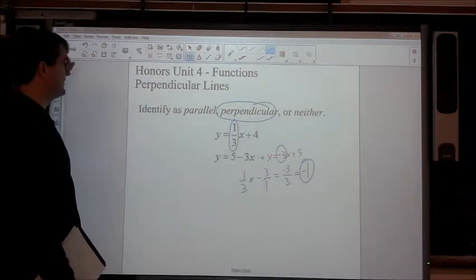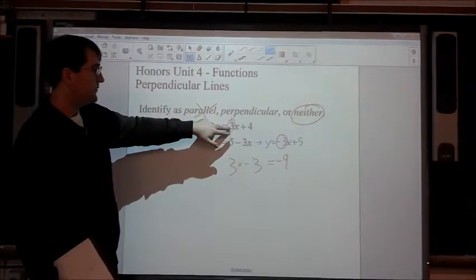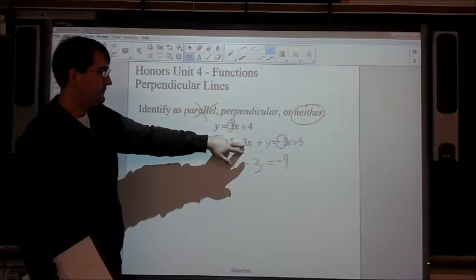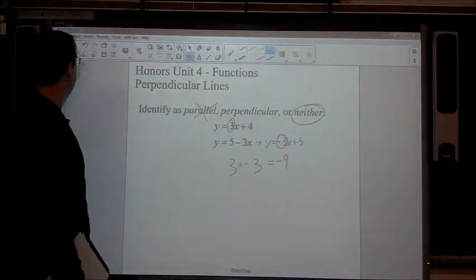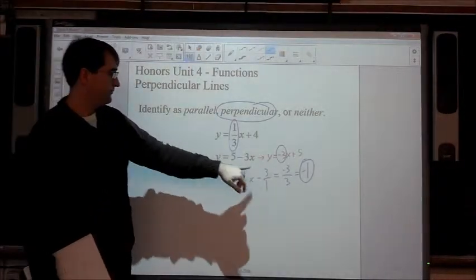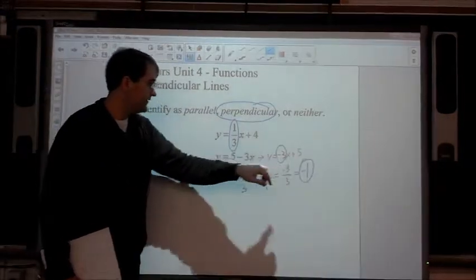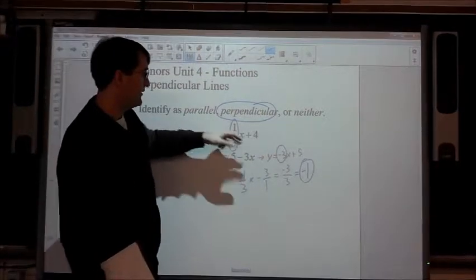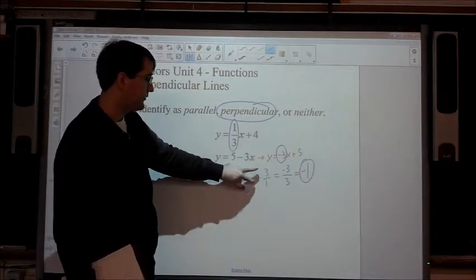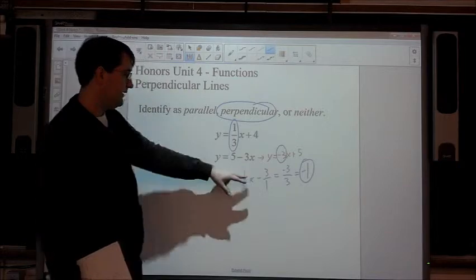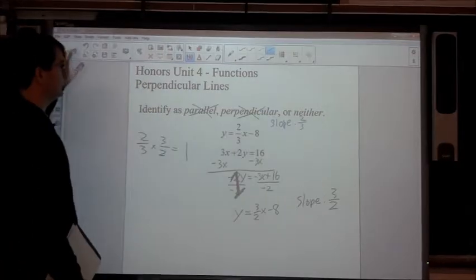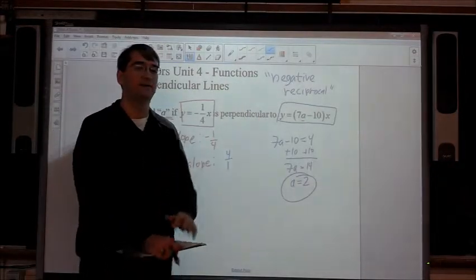Positive 3 would require negative 1 over 3. So flip the sign, positive versus negative, and flip the fraction. 1/3 versus 3 over 1, negative, positive, they're exactly opposite each other. They are negative reciprocals.